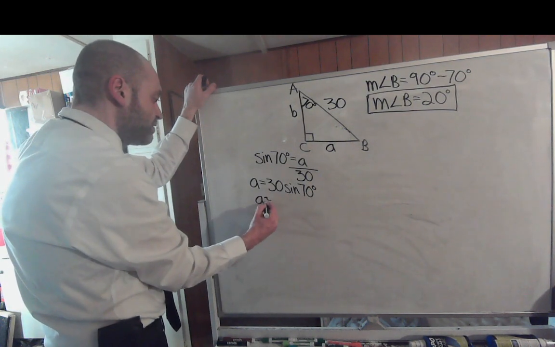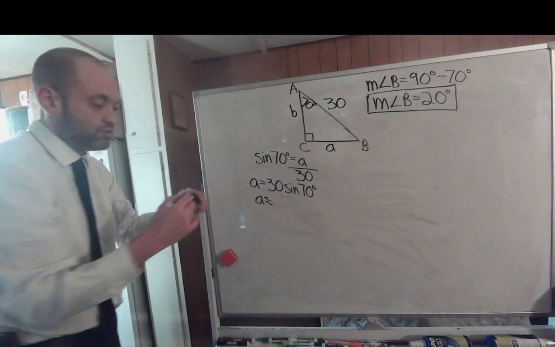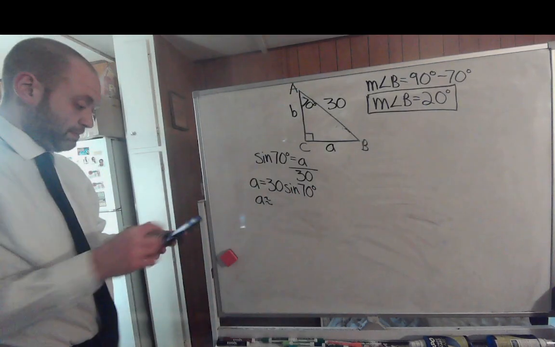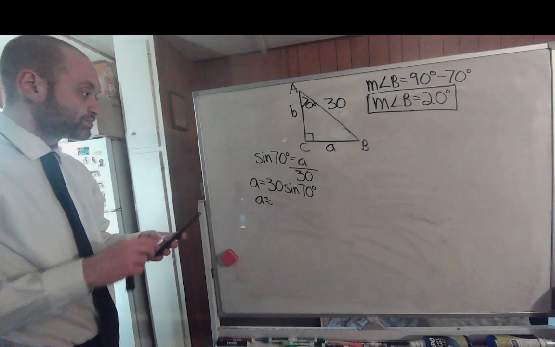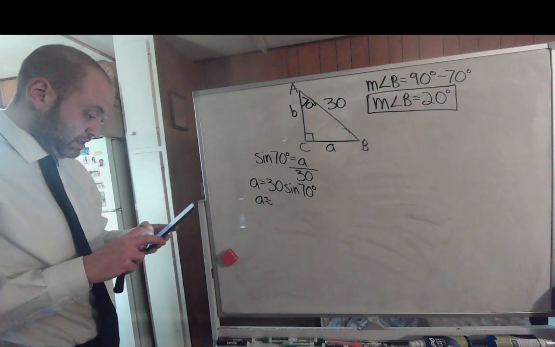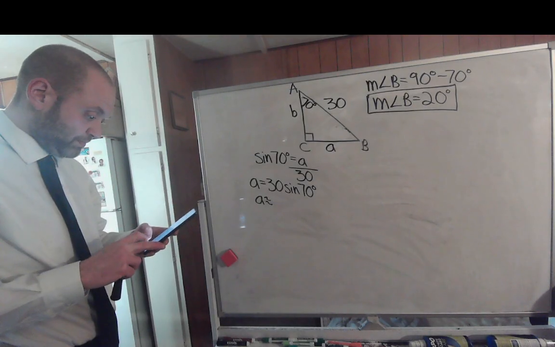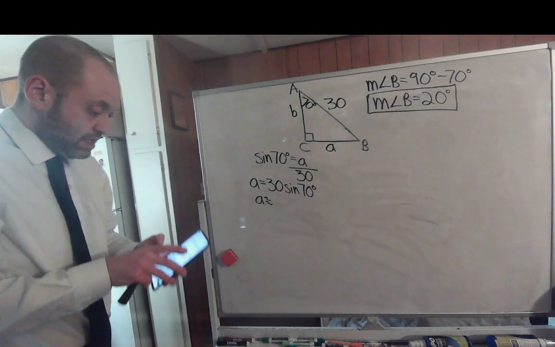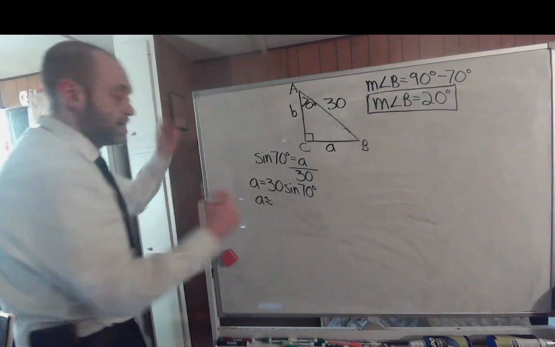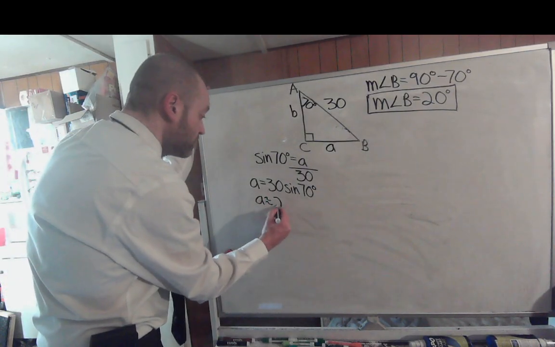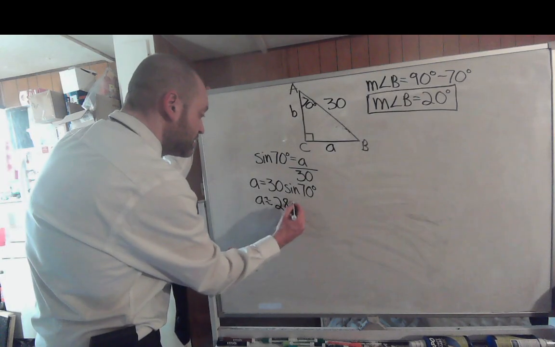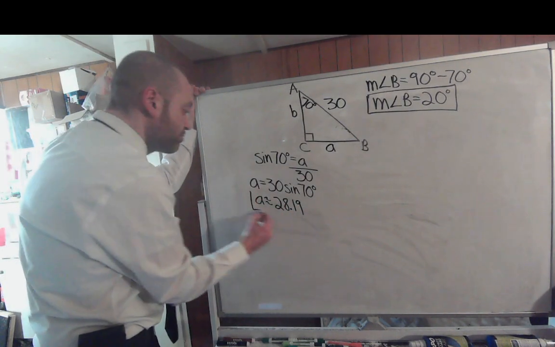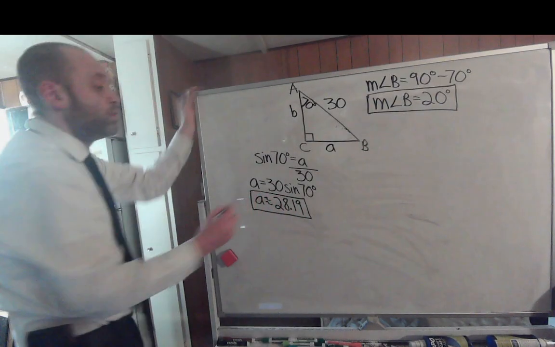Now we'll just calculate this and we'll get a result to 2 decimal places. You get about 28.19 for side A. So side A has a length of approximately 28.19 units.